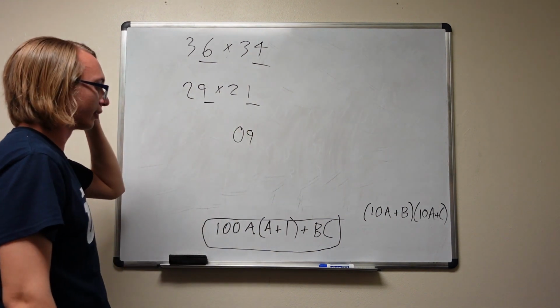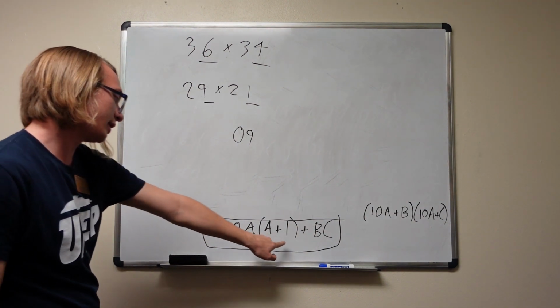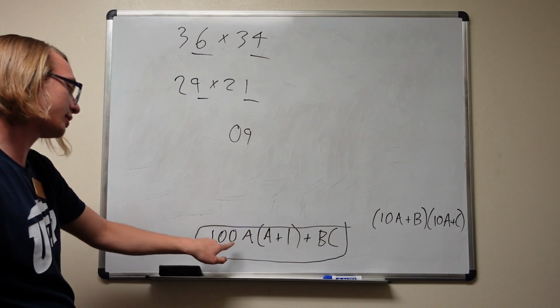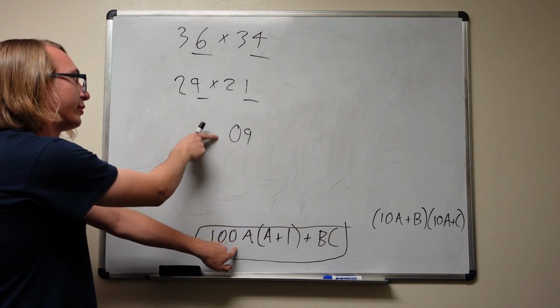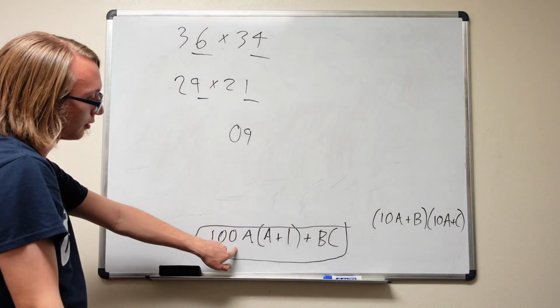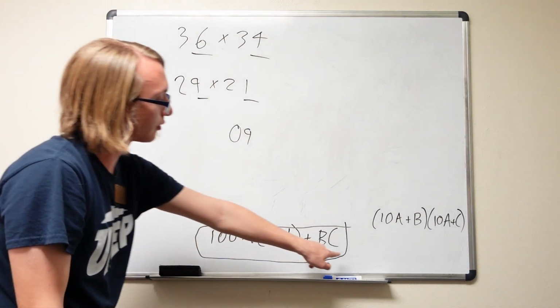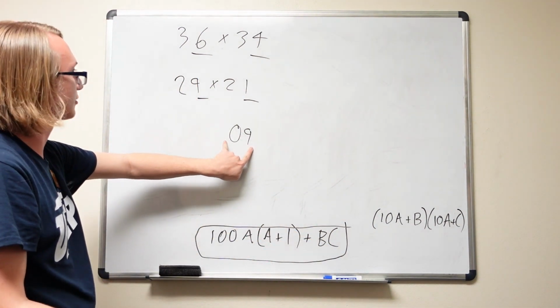That's the one thing, because here we have 100 times (8 plus 1), so in other words it's shifted 2 placements before you actually do the product of 2 and the number after 2. So whatever B times C is has to be within 2 digits for this to work.